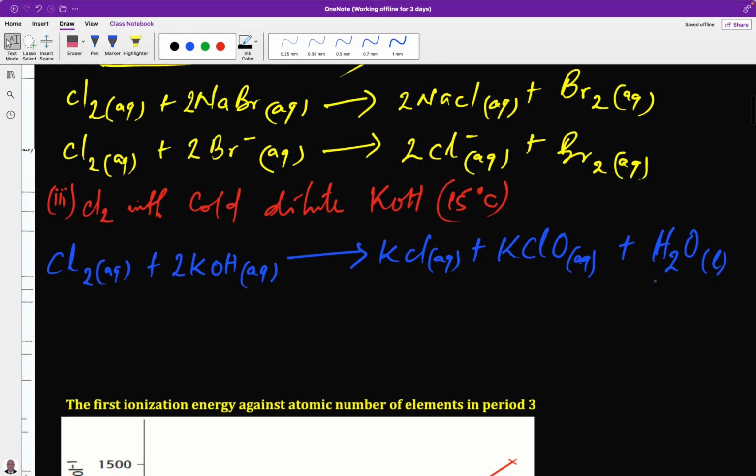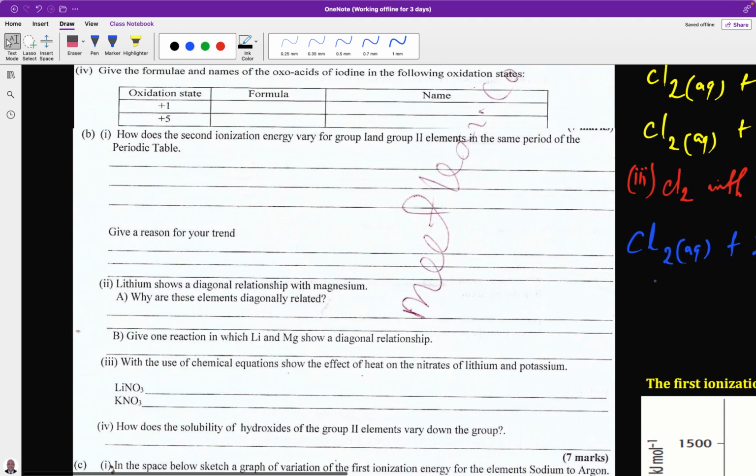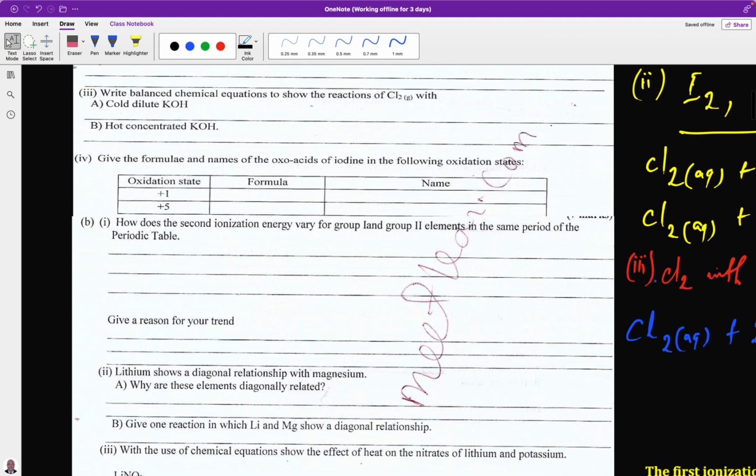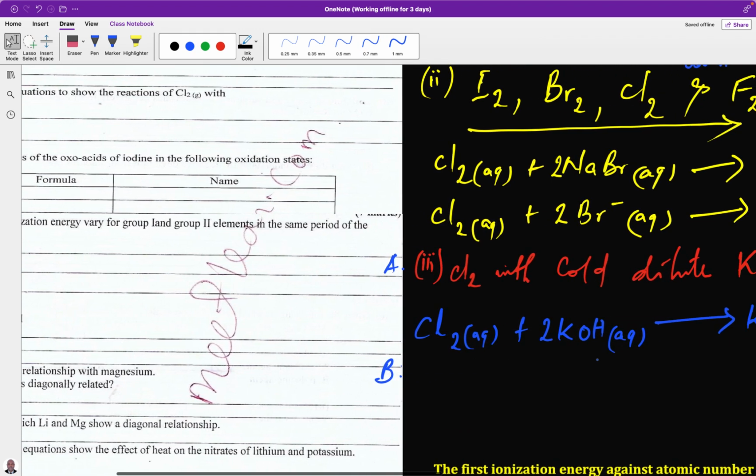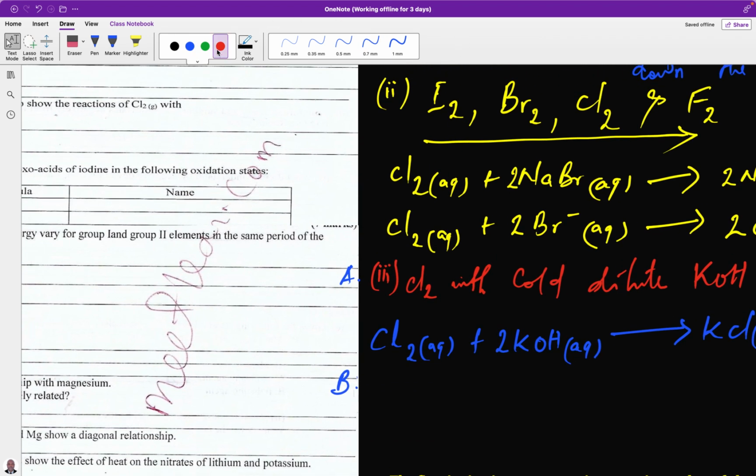But with hot, this is the A part of it with cold. Then the B part of it has to do with hot concentrated. Chlorine with hot concentrated potassium hydroxide.